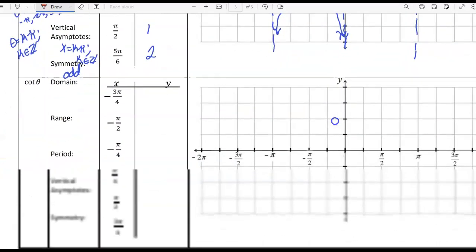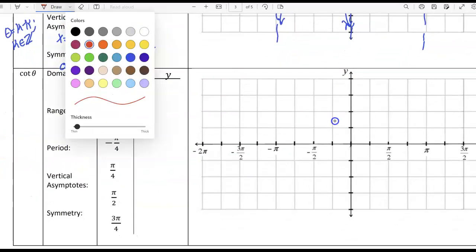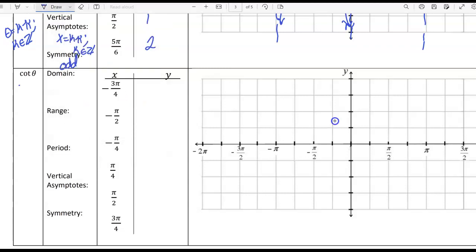And then if we were to look at that last one, cotangent, I'll just go through it really quickly. Cotangent is the same thing as 1 over the tangent, which is the same thing as cosine over sine. So same domain, where sine of theta is going to be equal to 0 here.